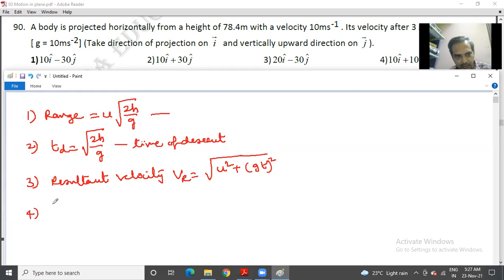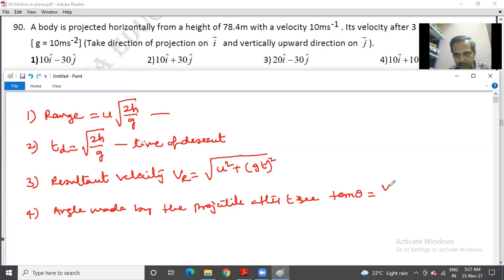And the fourth formula, the angle made by the projectile after t seconds: tan theta is equal to the vertical component of velocity by the horizontal component. This is gt by u.